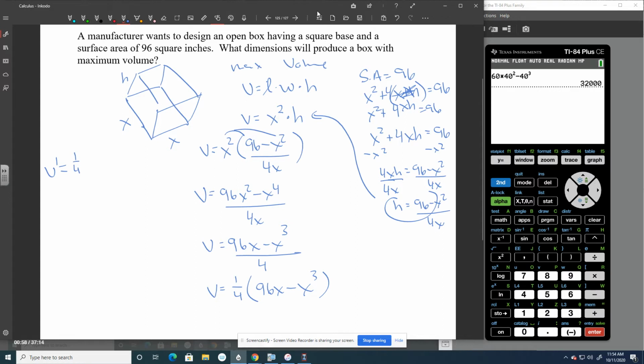The derivative of 96x is just 96. And the derivative of negative x cubed is negative 3x squared. And now if I times that 1/4 back in, 1/4 of 96 is 24. And this becomes negative 3/4 x squared. That's going to be my derivative.